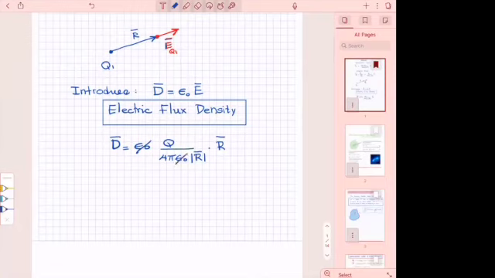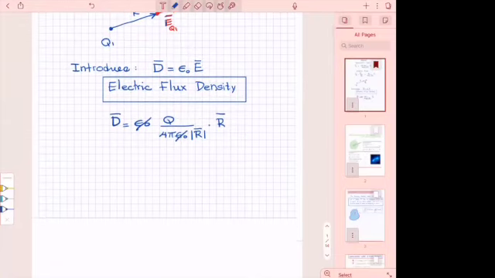So it's a measure of the electric field, but it's a density because there is no epsilon naught there. And even if the electric field is measured in volts per meter, the electric flux density, which is epsilon naught E, in terms of units, and in fact, I don't want to make it equal here.